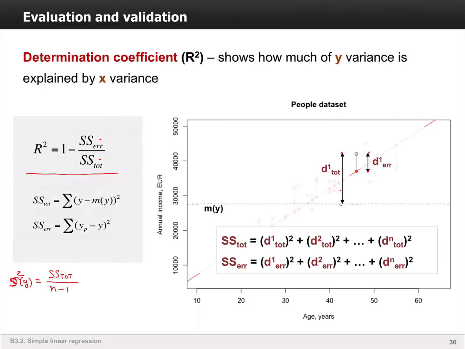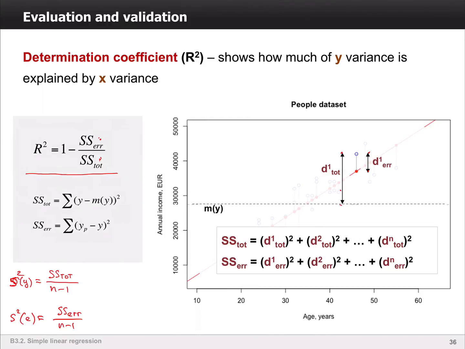So it means that we can also calculate the variance for errors, right? So it's a sum of these squared errors divided by n minus 1. Okay. So what in fact does this ratio do? This ratio tells us how big the error variation is, if we take into account the total y variation, how big the part of y is which we cannot predict precisely.